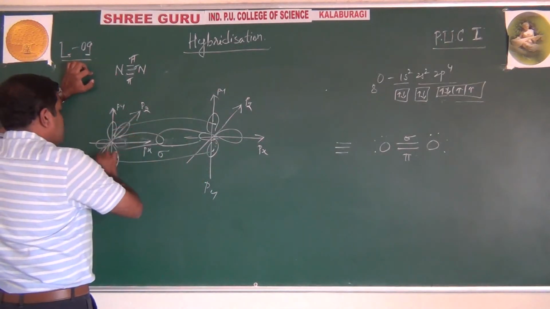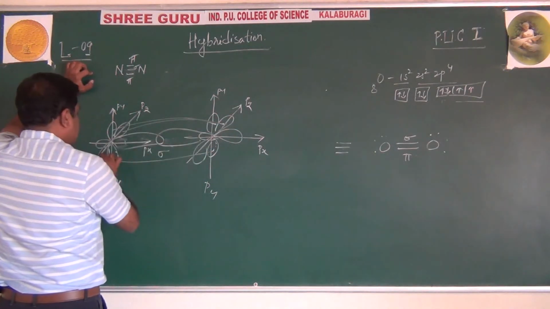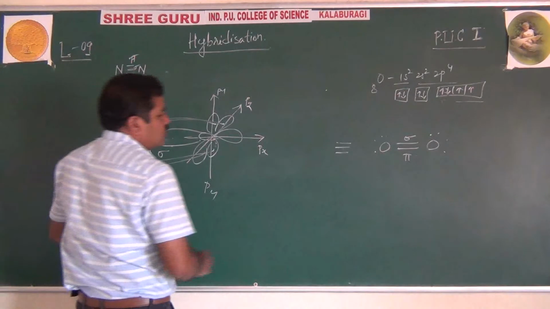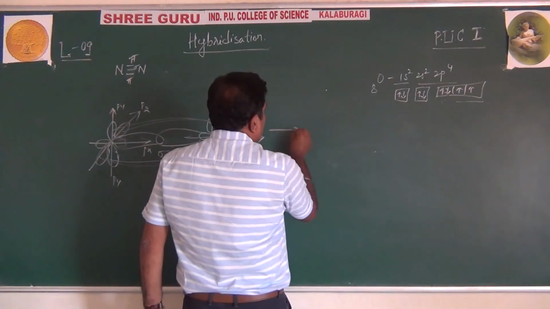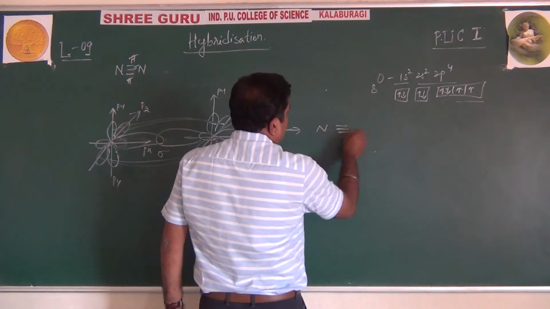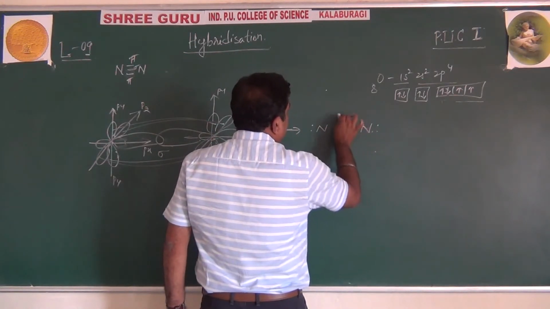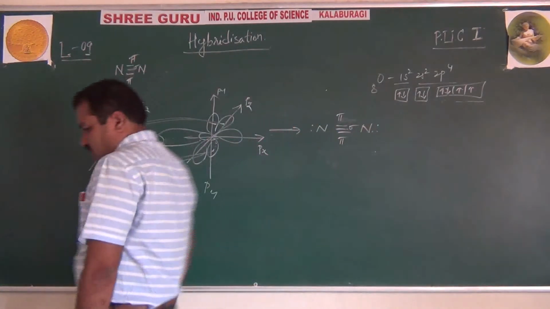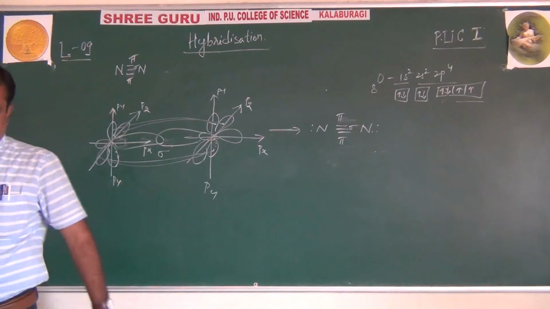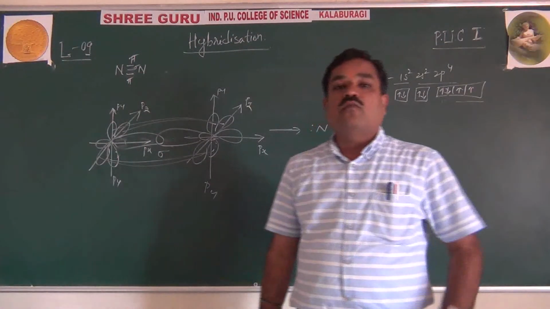The other pz orbitals also overlap sideways to form pi. That is N triple bond N: one sigma and two pi. Like this, the very small thing I told you yesterday, the difference between sigma and pi.